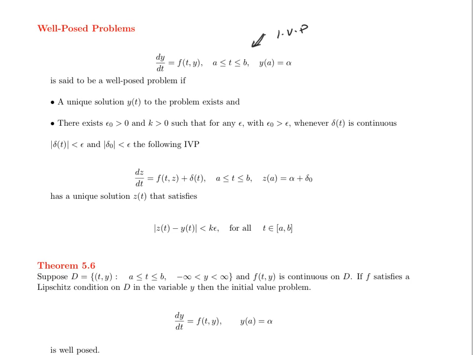Also, to be a well-posed problem, you need to have a second differential equation, or a second IVP, like this one, that also needs to have a unique solution. This one is called the perturbed problem related to y prime, or to dy/dt.